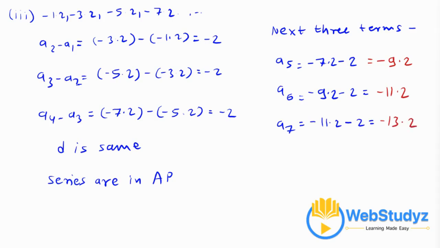Now move on to the fourth series, which is minus 10, minus 6, minus 2, 2 and so on. So here the common difference A2 minus A1 will be minus 6 minus of minus 10, which comes out to be 4.